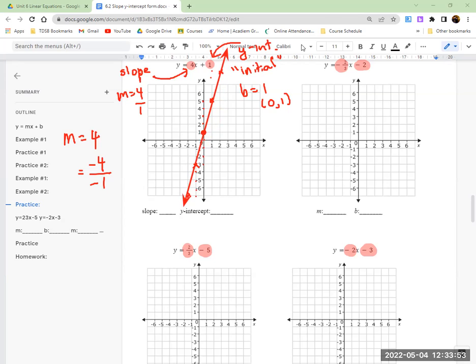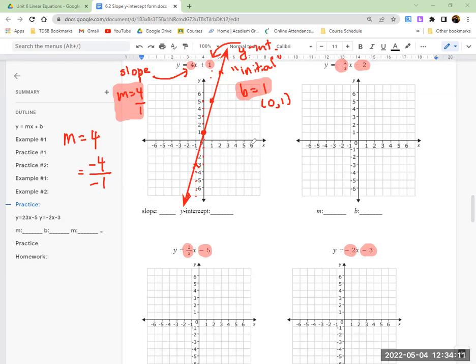If you have your slope, if you have your y-intercept, you can graph it. I hope this is useful for you. Please practice it.